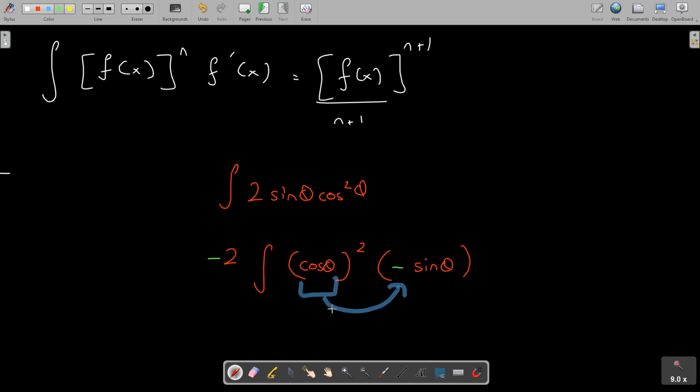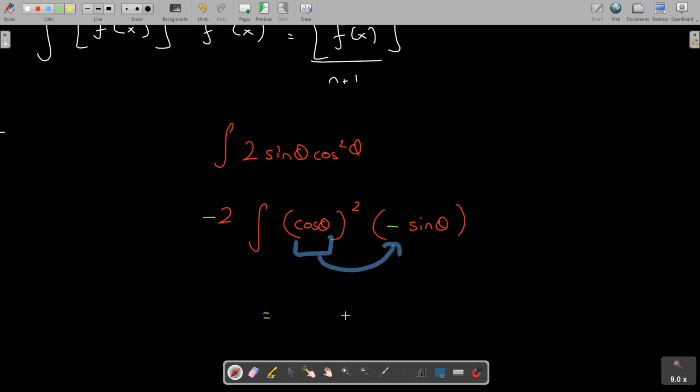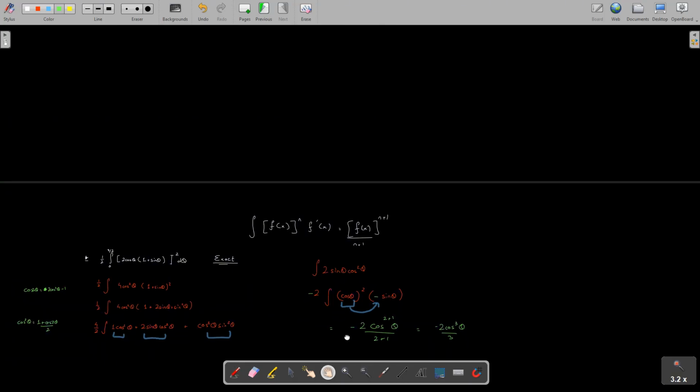And now it's really easy to solve this, because the answer will be minus 2 cos to the power 2 plus 1 theta divided by 2 plus 1, which means minus 2 cos cube theta divided by 3. This is how we will solve this middle part here.